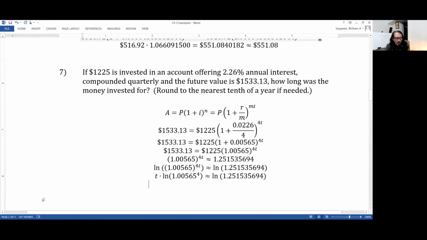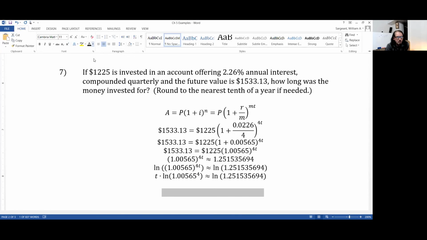When I do that, we get this multiplied to t. So that must be whatever we had with 1.00565 to the 4th power, and take the natural log of it, we get this.